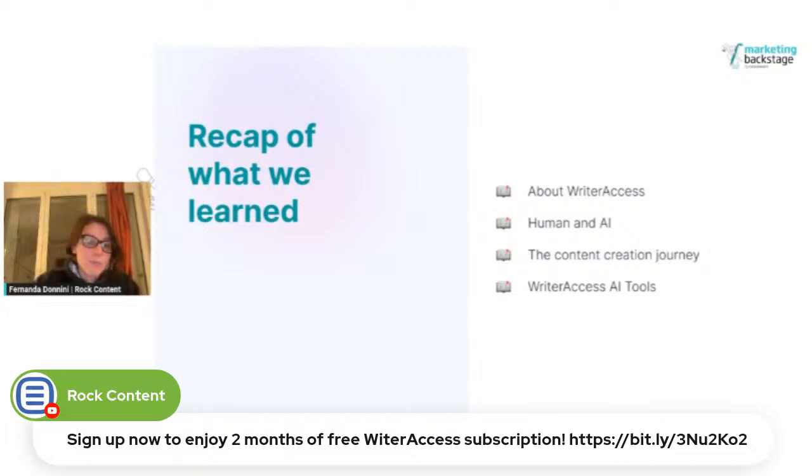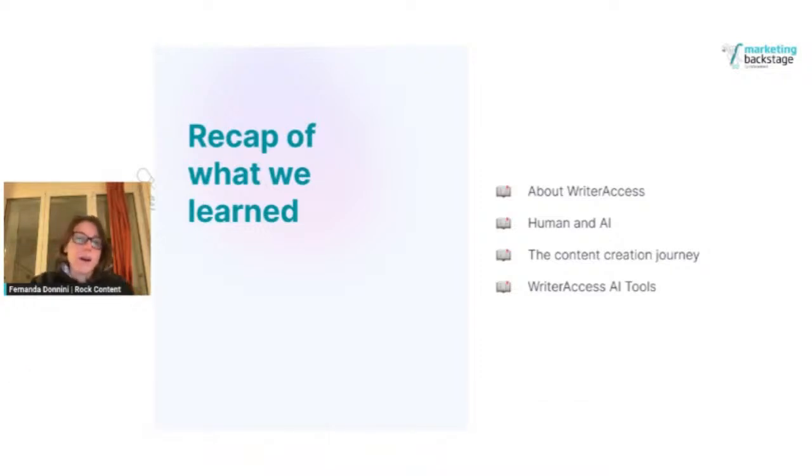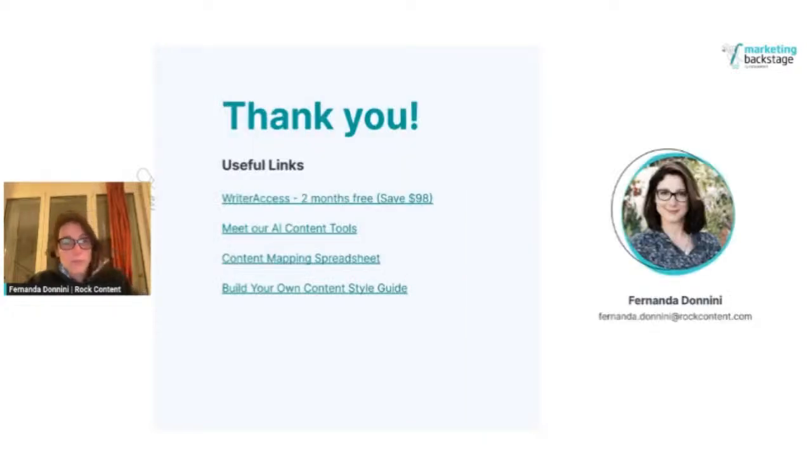So a quick recap of what we learned. We learned about Writer Access, human and AI, the discussions about quality content and content creation, and how to use AI and human the best way we can, the content creation journey, and some of the Writer Access AI tools you currently have available for you.